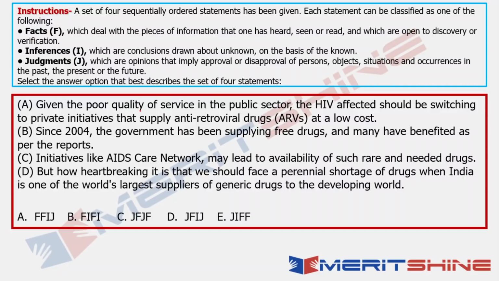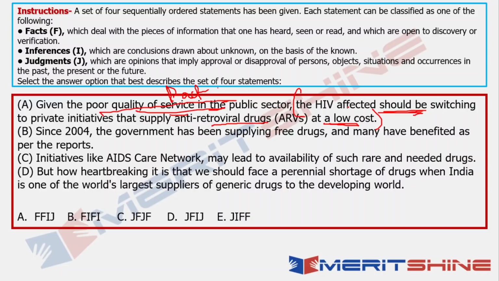Given the poor quality of service in the public sector, the HIV affected should be switching to private initiatives that supply antiretroviral drugs at a low cost. Now see, here data has been given, a fact has been given: given the poor quality of service in the public sector. But after that, is this part, together with it, an inference or a judgment?